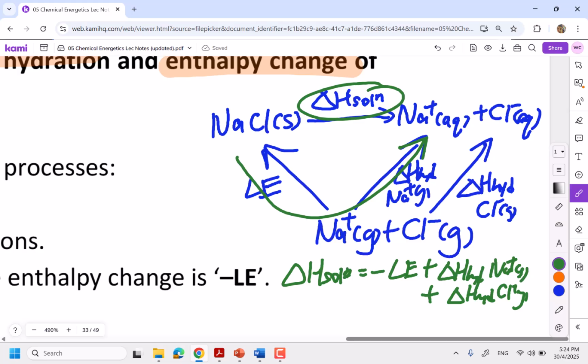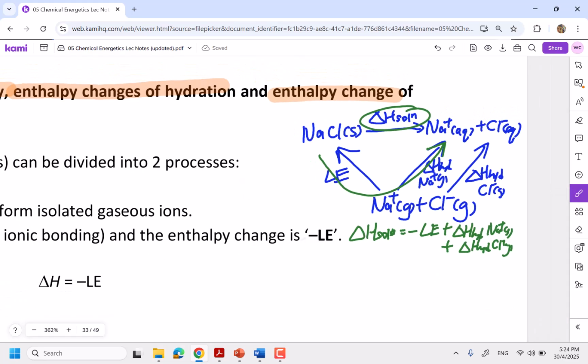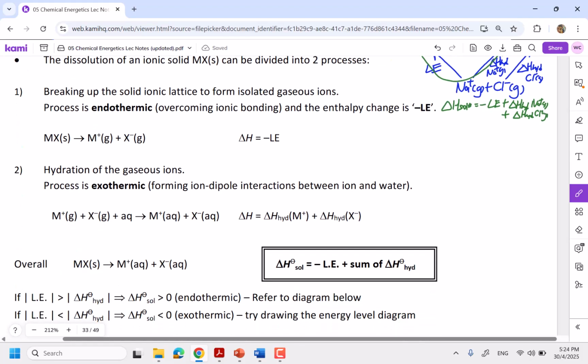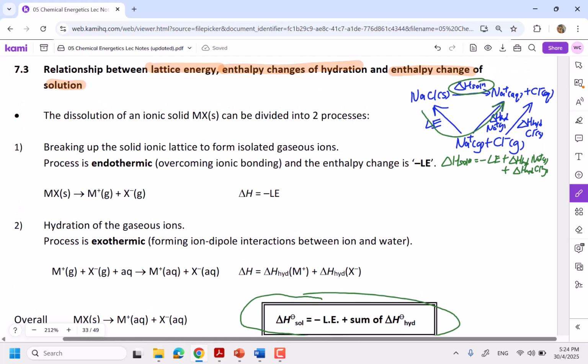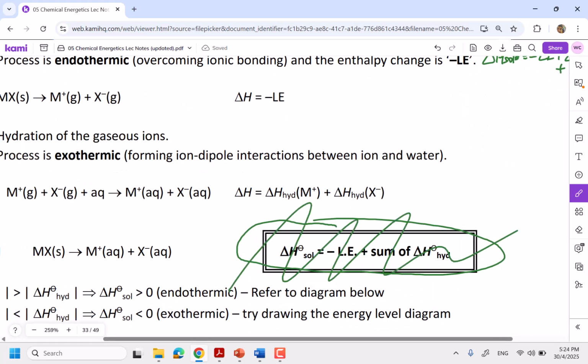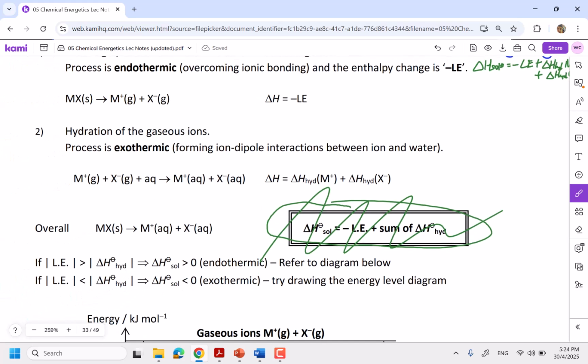So we end up with this particular relationship. It can be proven using a cycle. Again, this equation, no need to memorize. Derive it. For assessment purposes, just derive it.